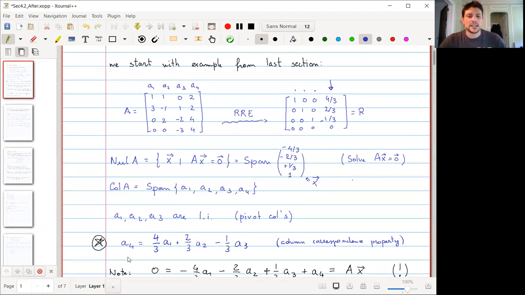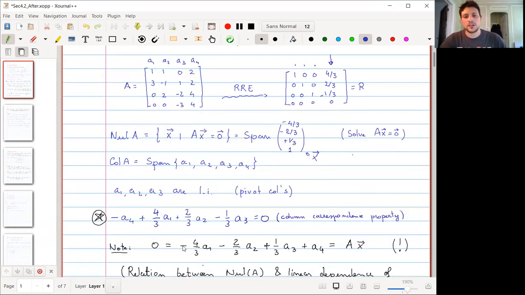Now notice that if I were to move A4 to the other side in this equation, I would write something like this: minus A4 plus the rest is equal to 0. If I rewrite everything like this, moving everything to the A4 side, you would get that the column correspondence property, the relation between the columns, gives us a solution to the homogeneous linear system.